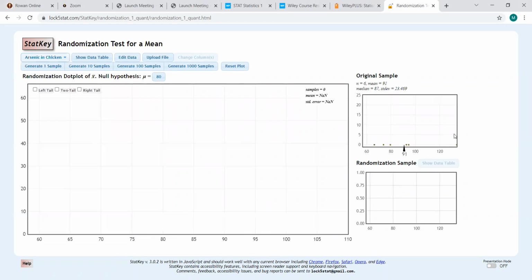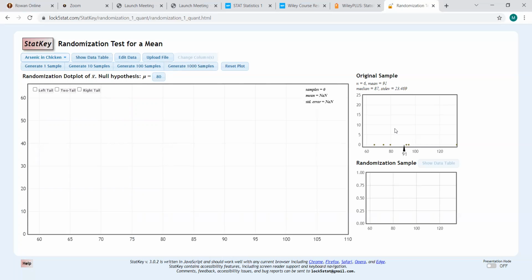Notice that there were only 6 chickens in the sample, not many. Notice that the mean is 91 parts per billion. Now that looks significantly bigger than 80, and you may be inclined to think immediately that this supplier is no good, right? 91 looks much higher than 80. But we still have to do our statistical test.